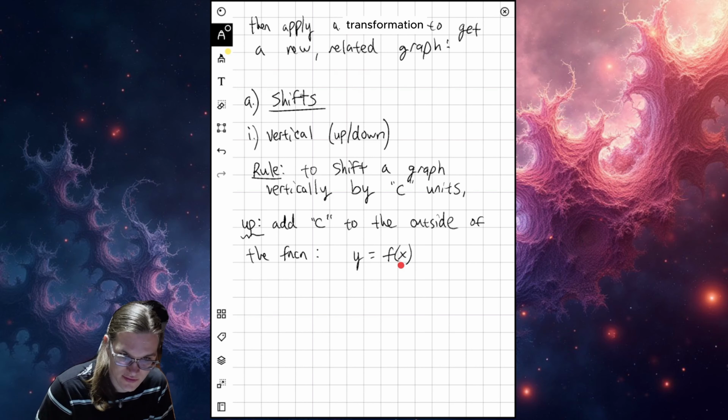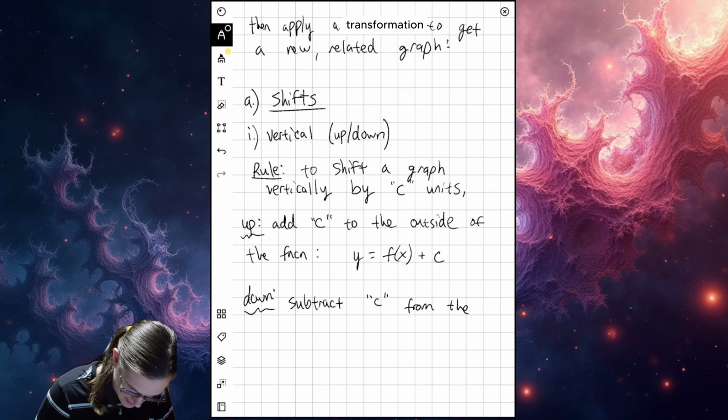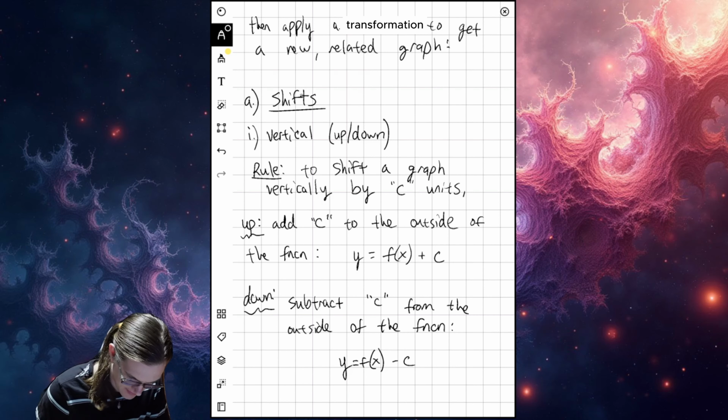This is our basic function that I mentioned. What did I call it? Parent function. And then we'll add some constant to shift it up, and to shift it down, subtract c from the outside of the function. So y equals f of x minus c. We'll shift the graph down.